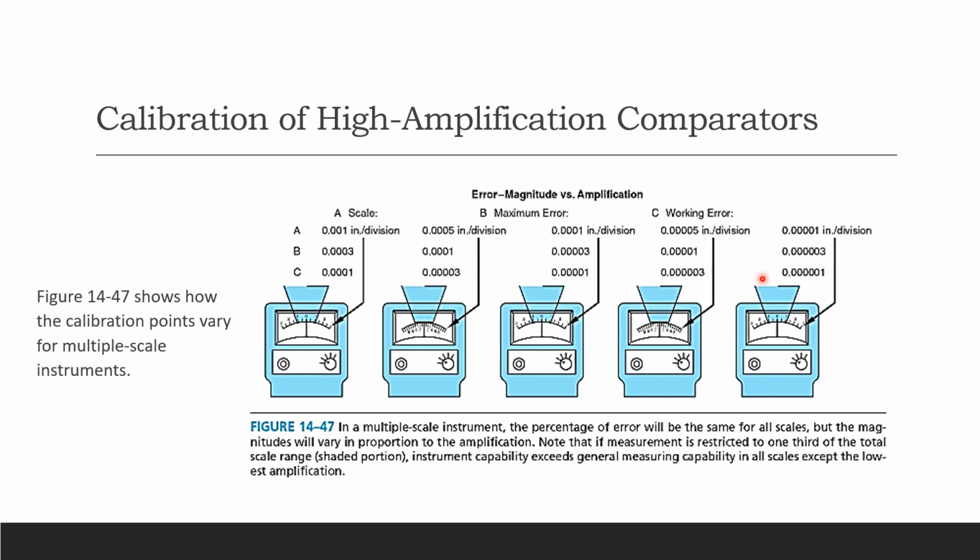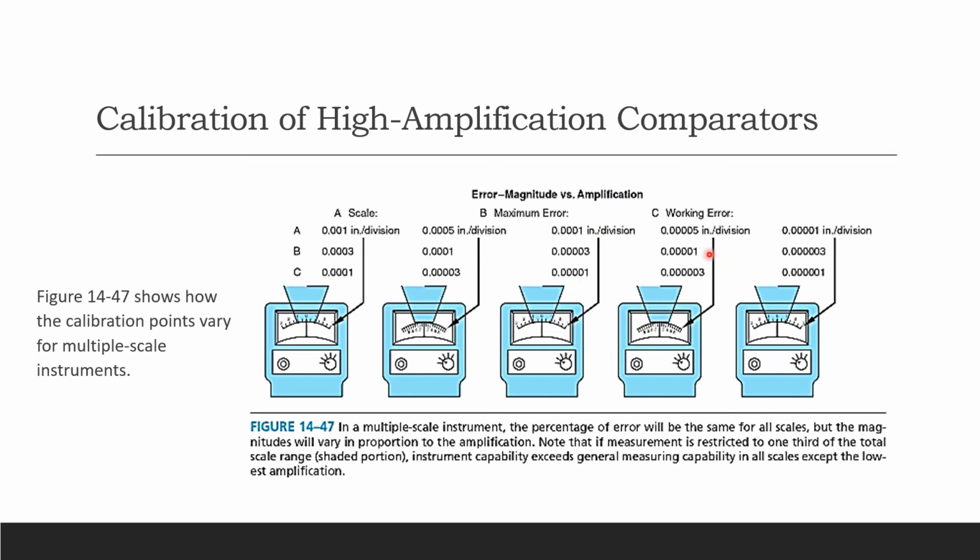So the more the amplification is going up, okay, when you look at here, that's 0.005, okay, here is 0.001, and here is 0.005, okay, and here is 0.00001. The more zeros, the higher the amplification, because it can read finer, okay, more decimal points mean you can read finer discrimination, therefore it's a higher amplification.